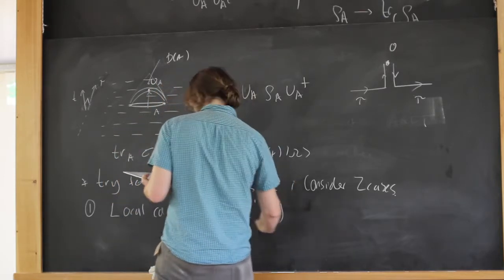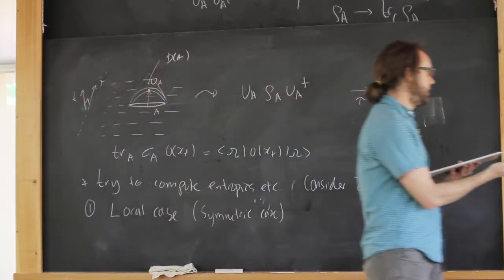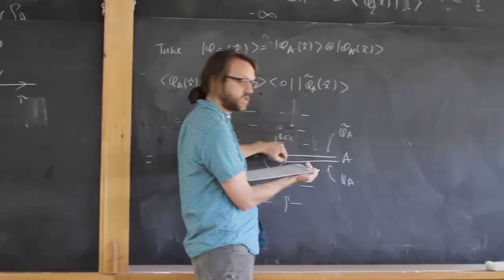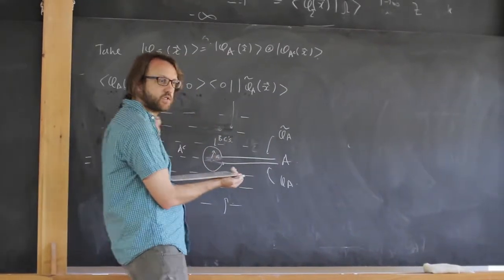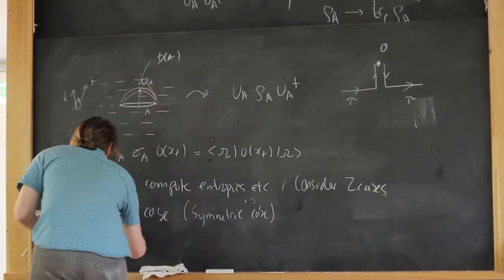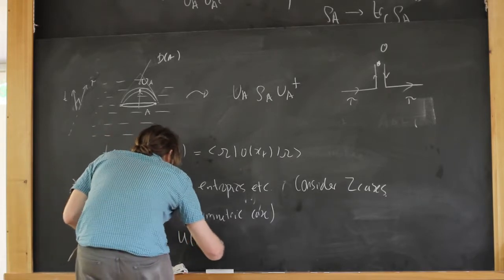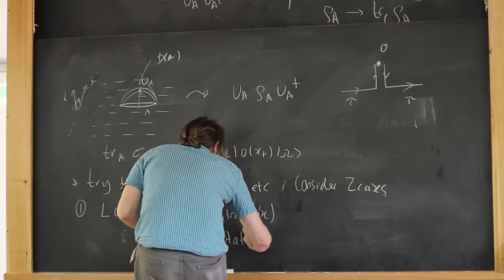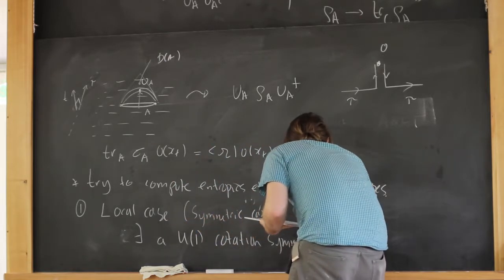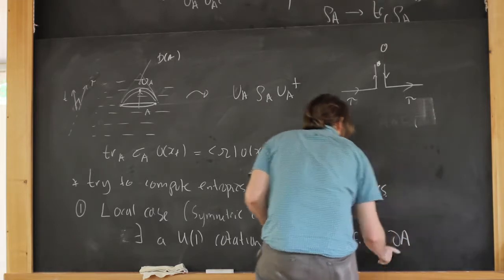It's the situation when in this Euclidean picture, you have an effective rotation symmetry around the entangling surface. Okay, so some U1 rotation symmetry, which holds fixed the end point of the entangling surface, the boundary of A.